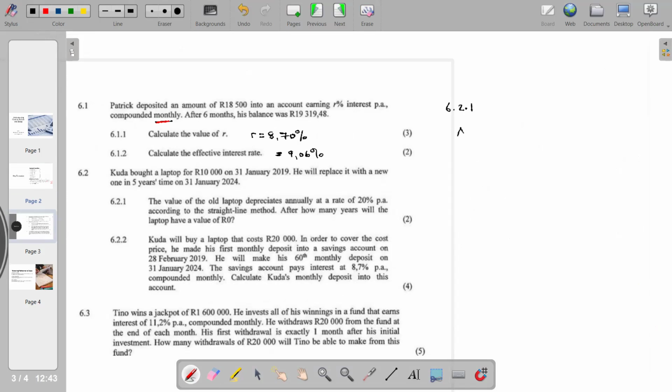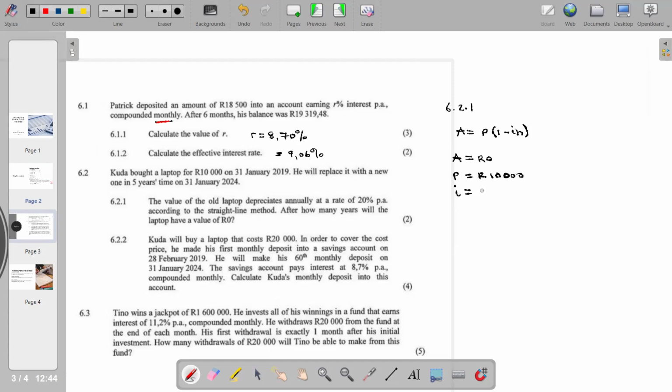We know our A is equal to P open bracket 1 minus i n. But what's our A? Our A is the residual value they told you is 0. So our A here is 0. Then our P is the initial cost of the laptop, which they said is 10,000. Then we have our i, which is the depreciation rate, which we are told is 20%.